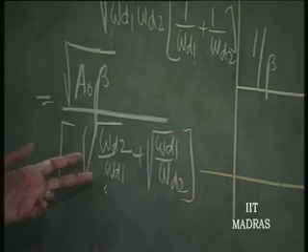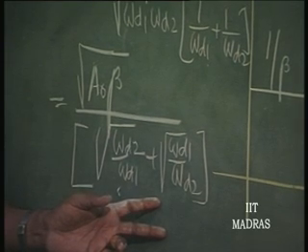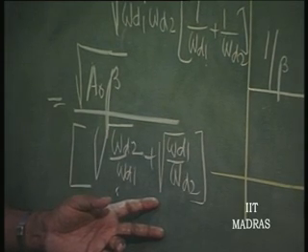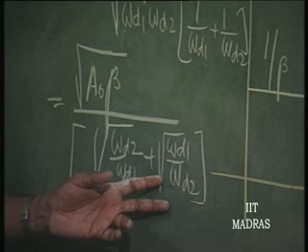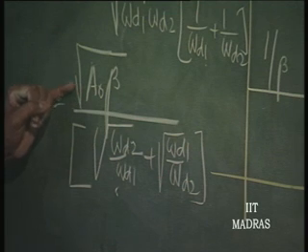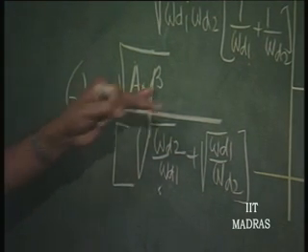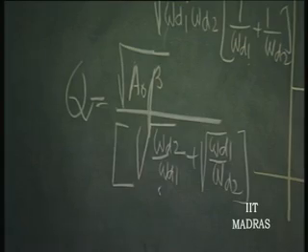This is something like x plus 1 over x, and that is going to be minimum when x is equal to 1, and this value can contribute to half only. Therefore, Q of this system is directly proportional to root of A naught beta.